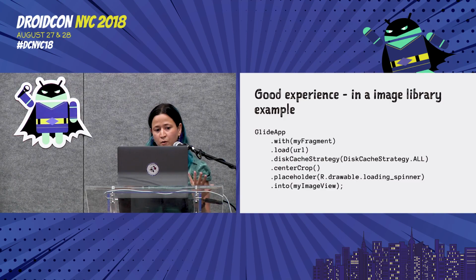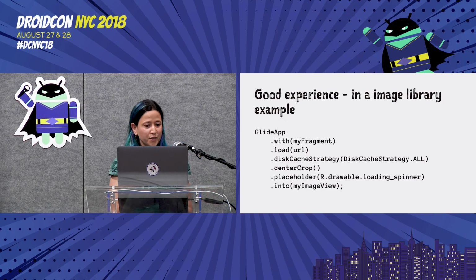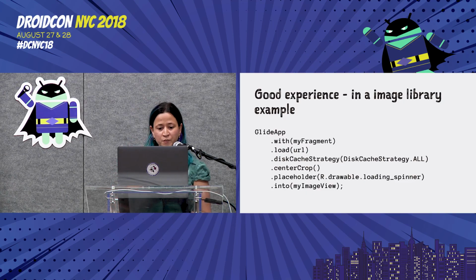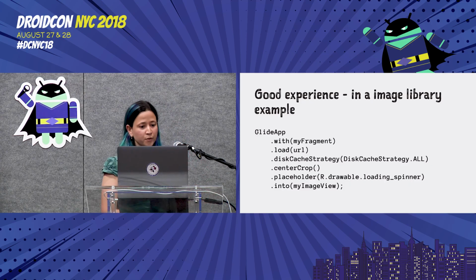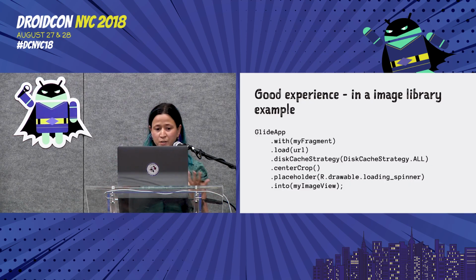Now, this is how, for example, if we were using Glide, we would use it to load an image to an image view. And this is for this very simple example. You take the fragment or the activity or whatever you are using to load with, loading a URL of an image.